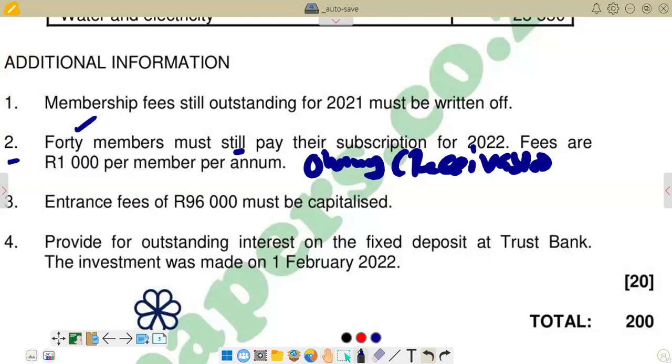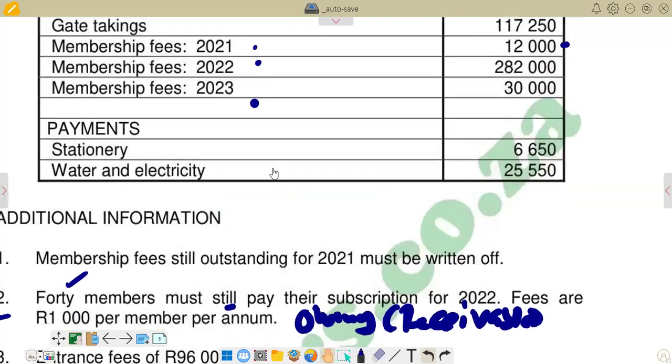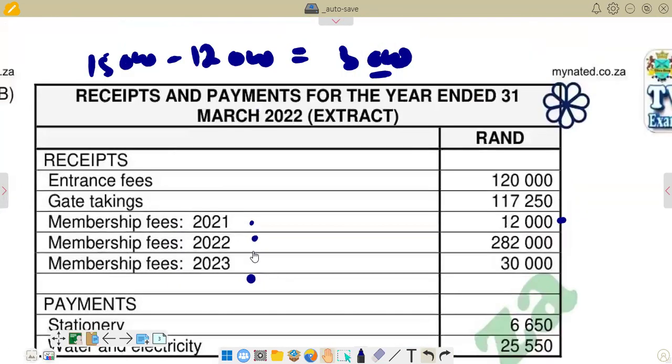So let's take note, it was made on 1 February 2022, and you take note of where the year is ending. Made on 1 February, but the year is ending on 31 March 2022. So what does it mean? We have got 1 February, means the whole February and the whole March, and then the year ends. So it means we have got only 2 months that are valid according to this period.